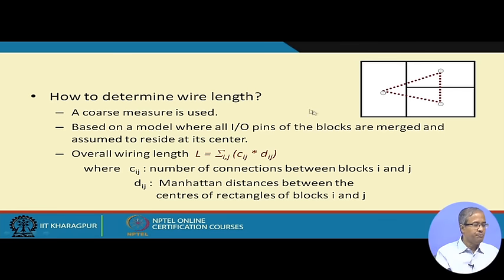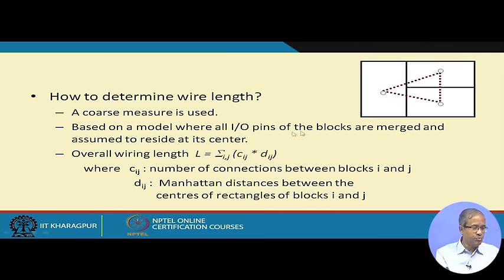So, one popular method which is used, I am just explaining with the help of this example. Suppose I have 3 blocks shown by these 3 rectangles. What I assume here is that in each of these blocks there can be several pins which need to be connected to several other pins in the other 2 blocks.